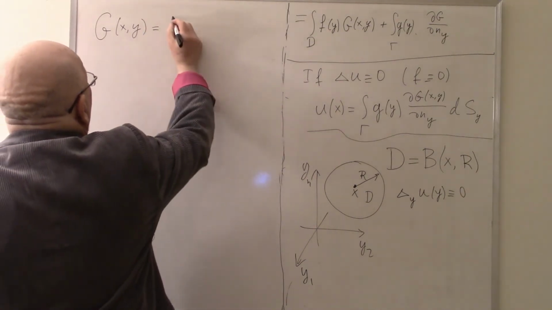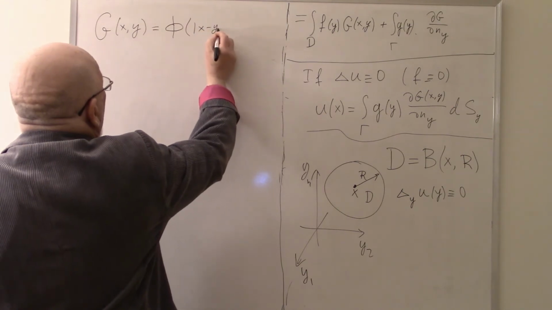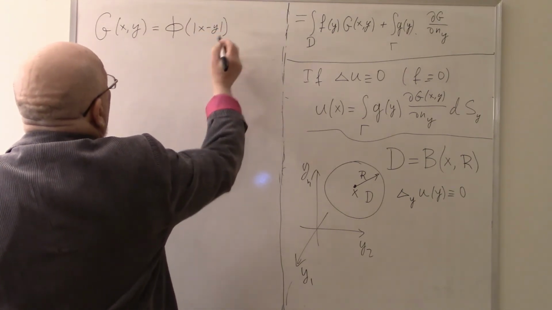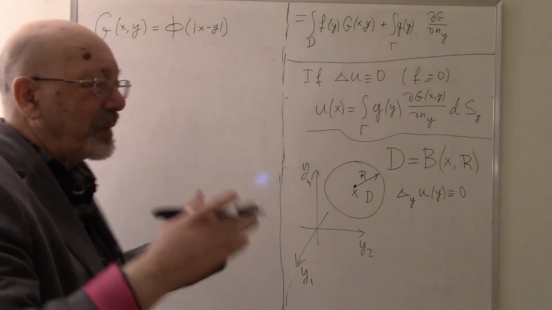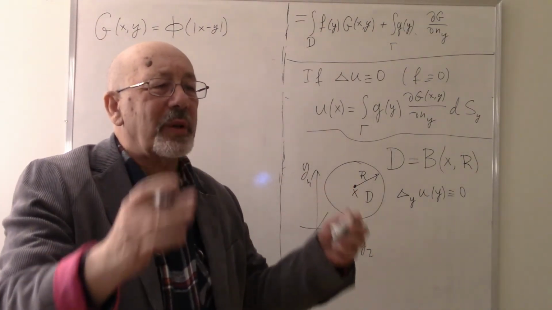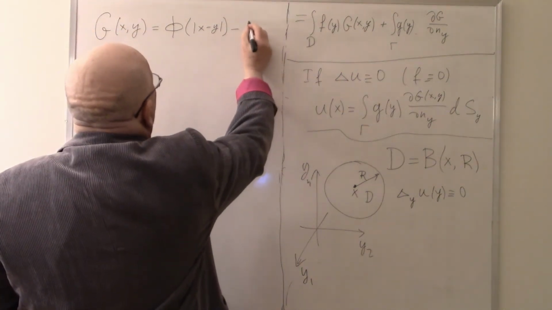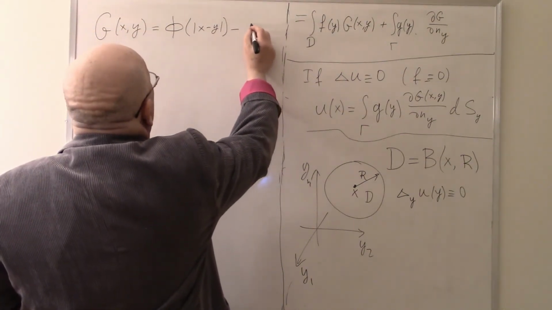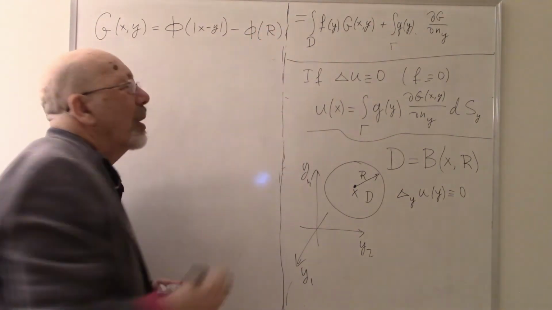It is phi of modulus x minus y, and it is enough to add some constant, namely minus phi of r, simply so.